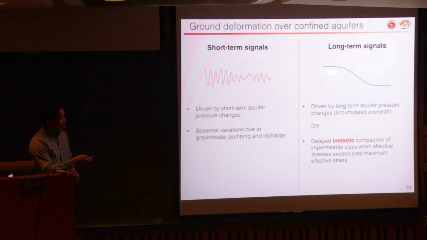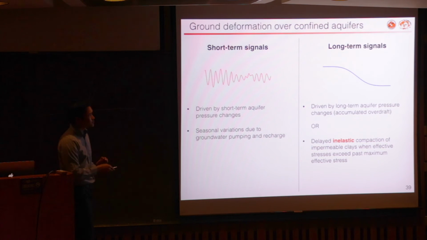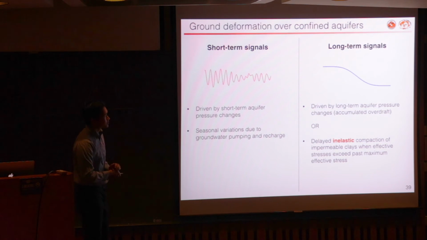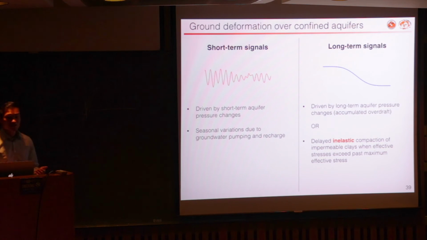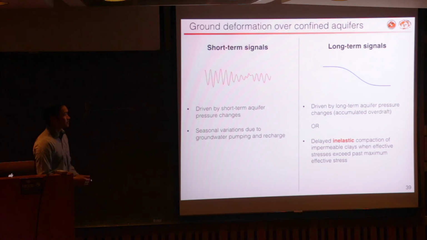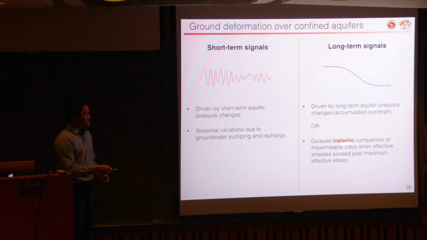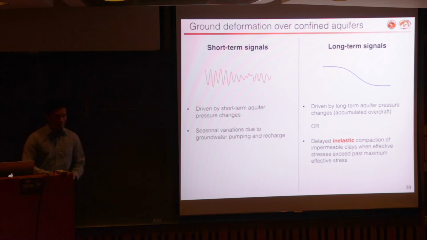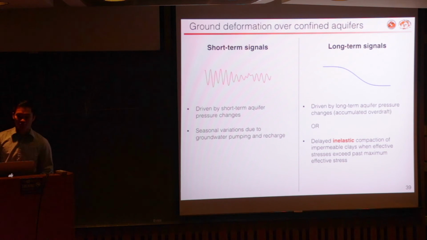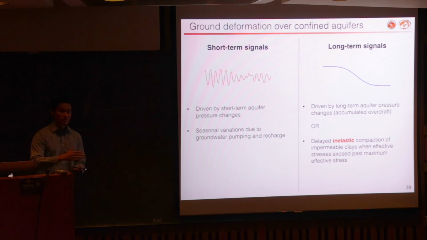And then we can also look separately at longer-term signals. So these would be driven by longer-term aquifer pressure changes, such as accumulated overdraft, or perhaps drought conditions like we see now, lower availability of water. Or we could also see delayed inelastic compaction. So inelastic compaction occurs when we take out too much water from the system, and in materials like clay, the effective stress will exceed what's called the pre-consolidation stress.